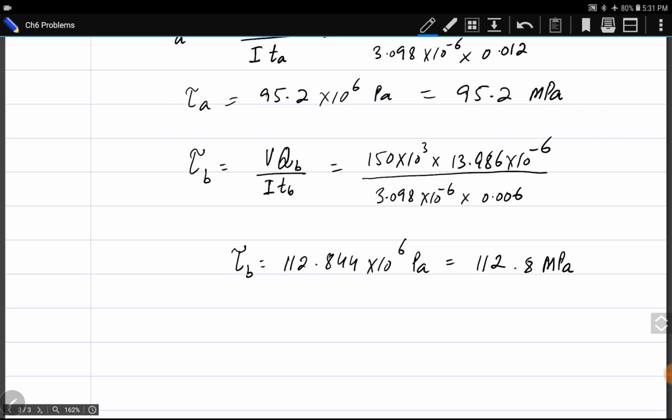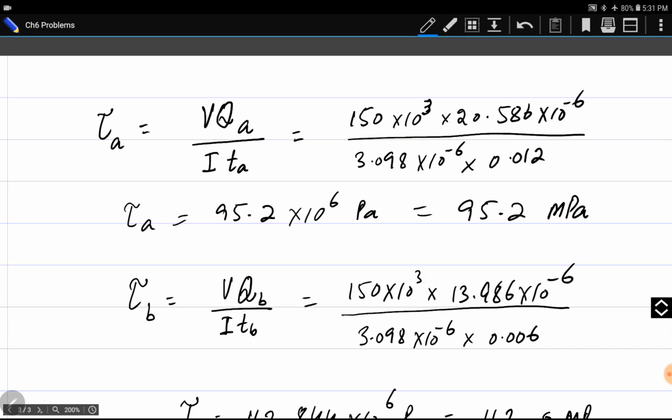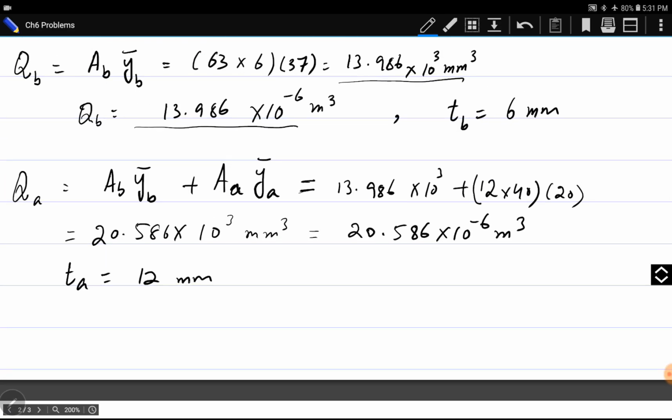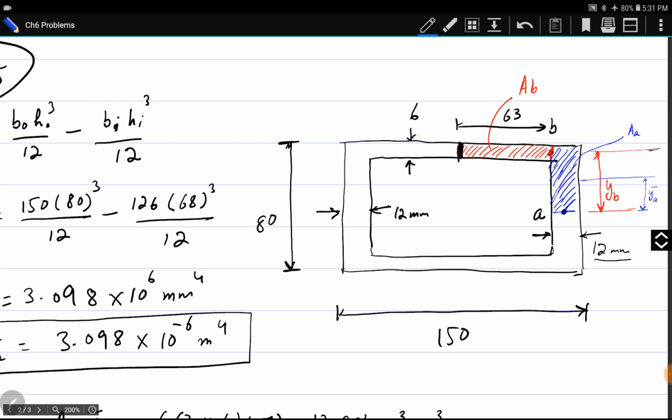The important thing is to find Q and thickness for both the parts separately. For Q, you need to be very careful. You need to consider the correct area. In this case, we always start from this midpoint, and the shear flows like this. It passes from B and reaches point A. So for B, we need only this red portion area, and for A, we need red plus the blue area.